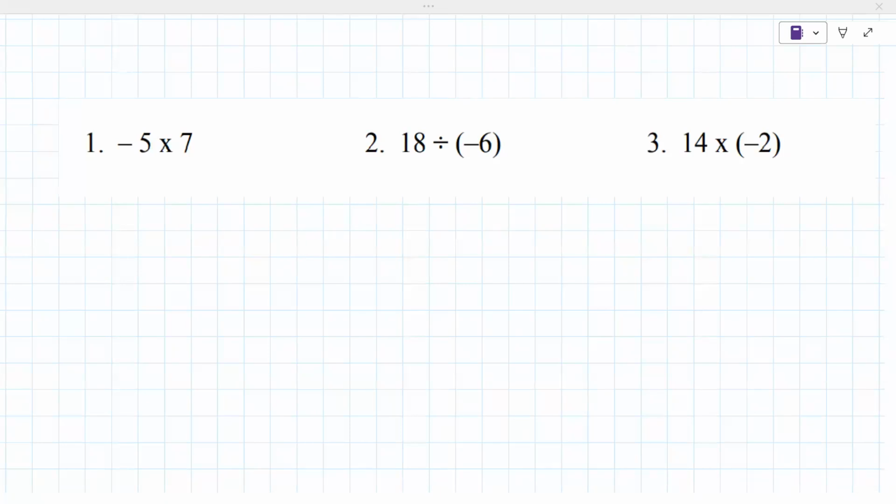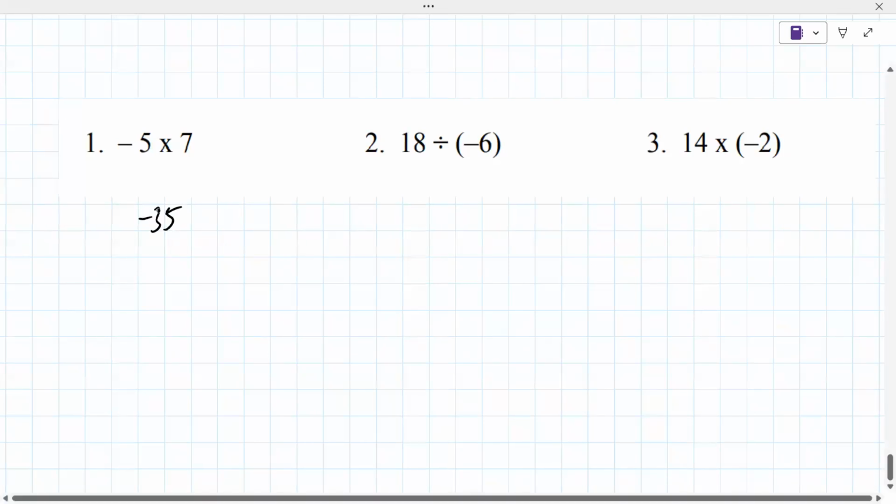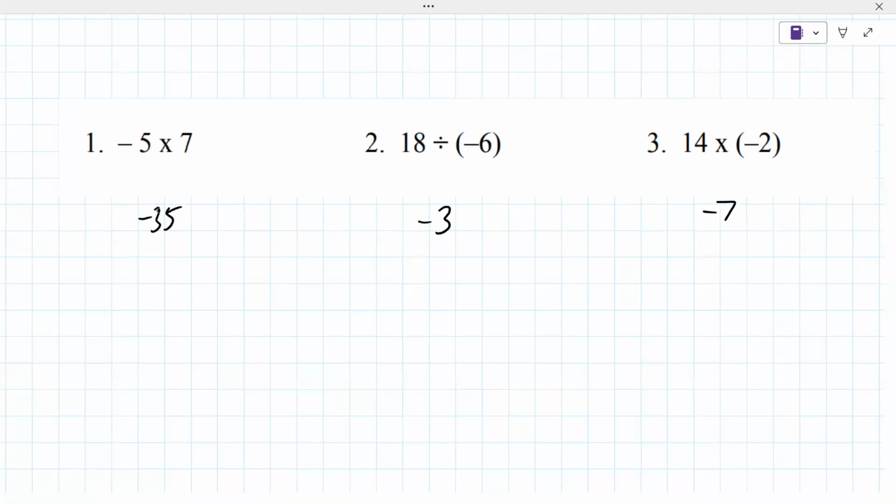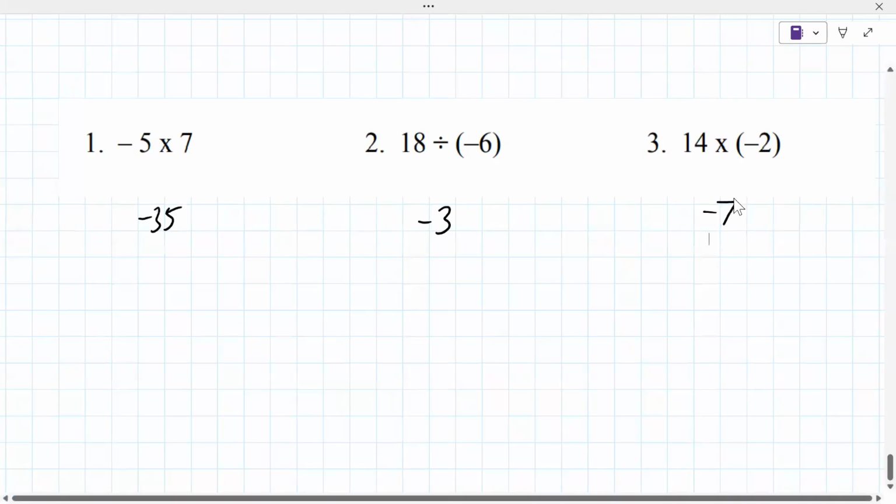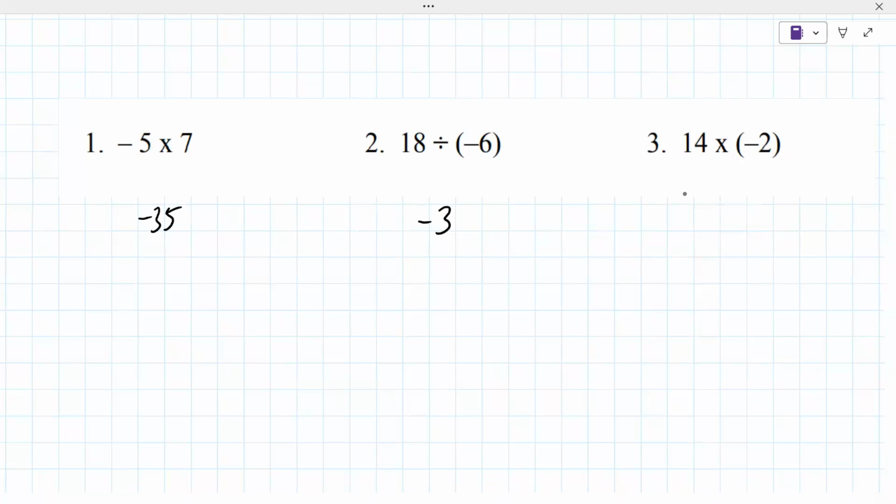-35. Okay. -3. Okay. -7. So this last one, are you multiplying or dividing? Oh, multiplying. So that would be -28.